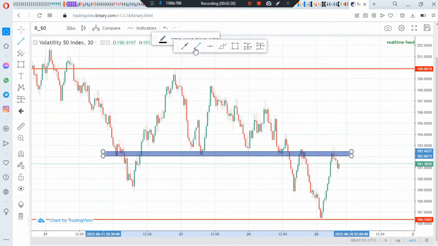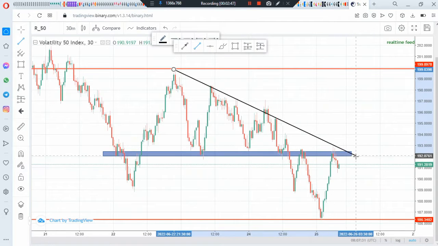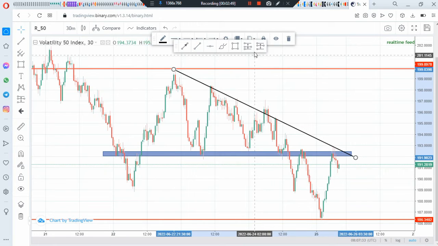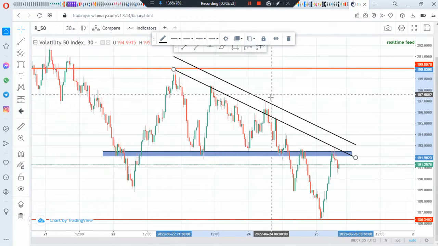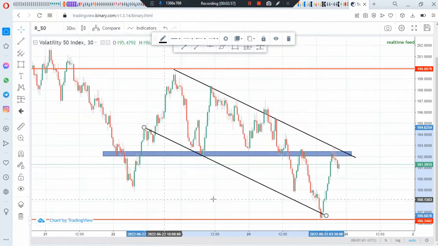I don't only consider this line breaking above so that I can look for a position. I also need to draw my trend like this. Let me just clone this and put it here. As you can see, this is where my trend is.